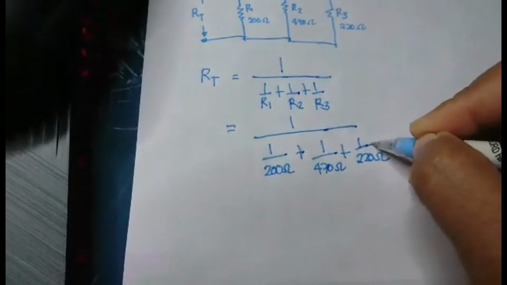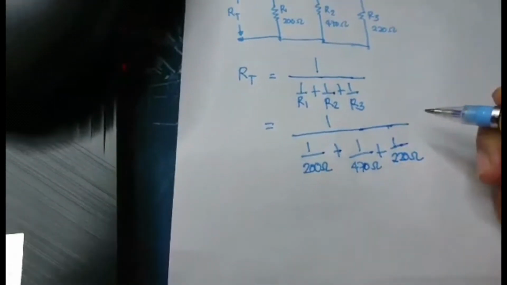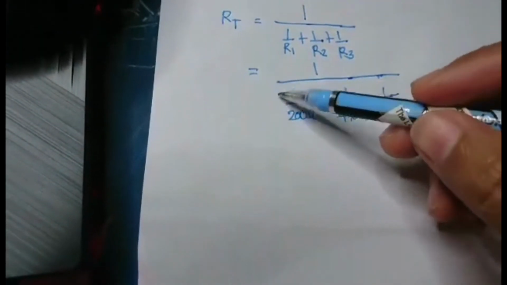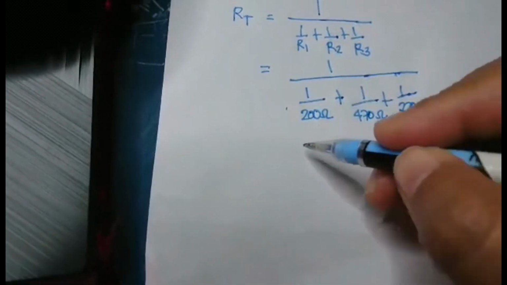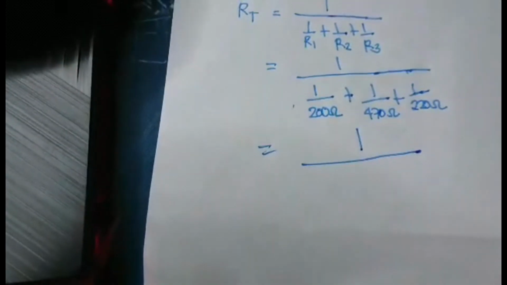So how are we going to solve this? So first we start with the denominator. We simplify each fraction. Okay, 1 divided by, what is 1 over 200?